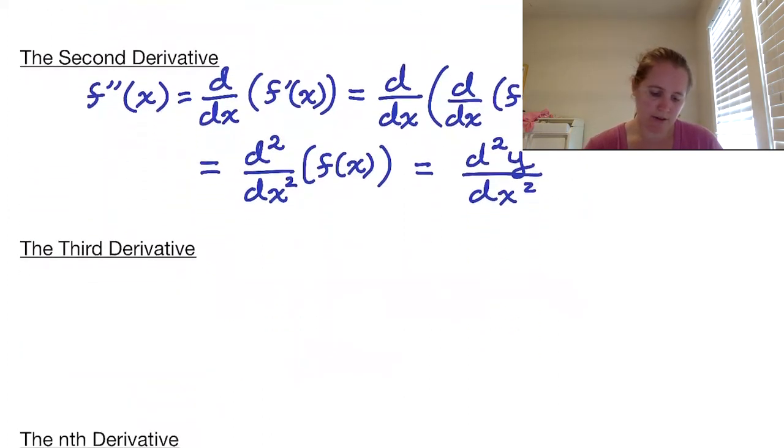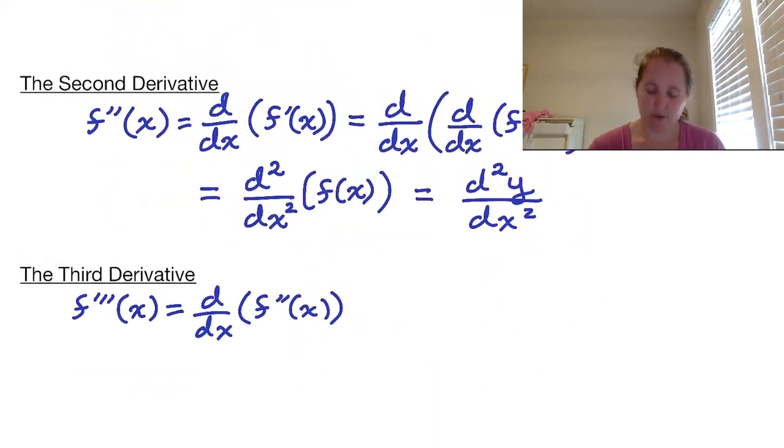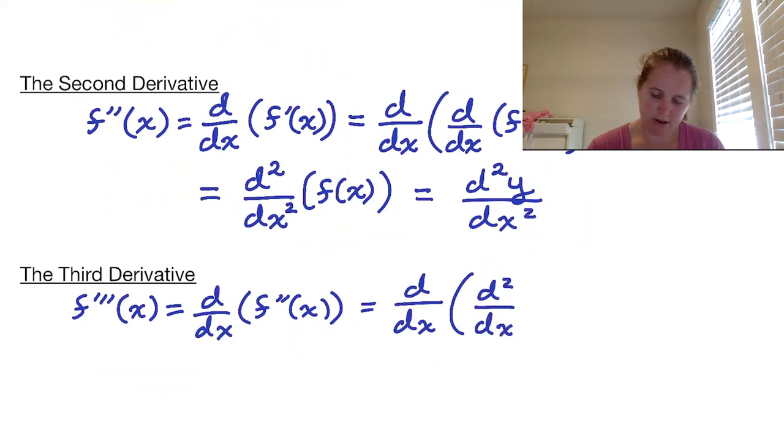The third derivative, f triple prime of x, is the derivative of the second derivative. So again, it's the derivative of d squared dx squared of f of x.